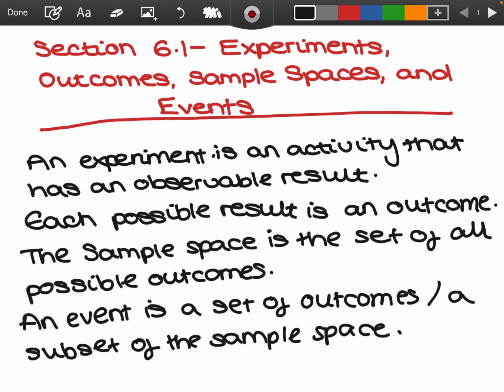I'm going to go through 3 examples that are going to come up time and time again, and they both refer to rolling a die or tossing a coin. And they come up all the time whenever we refer to probability problems. Okay. So our first example is going to be rolling a die.